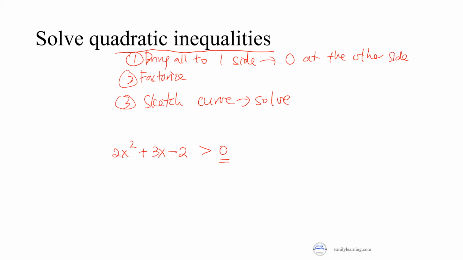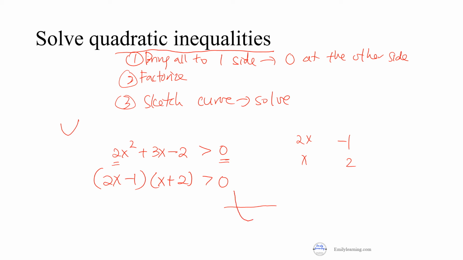I already have 0 on one side, so this is okay. Next I need to factorize. So I'll have 2x minus 1, x plus 2 is greater than 0. Now if I were to sketch the curve, I know that this curve will look like this because the coefficient of x squared is positive.